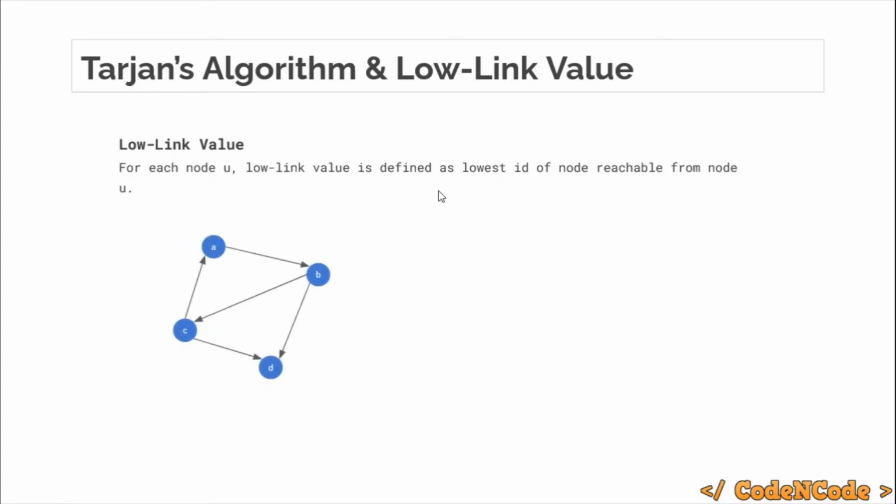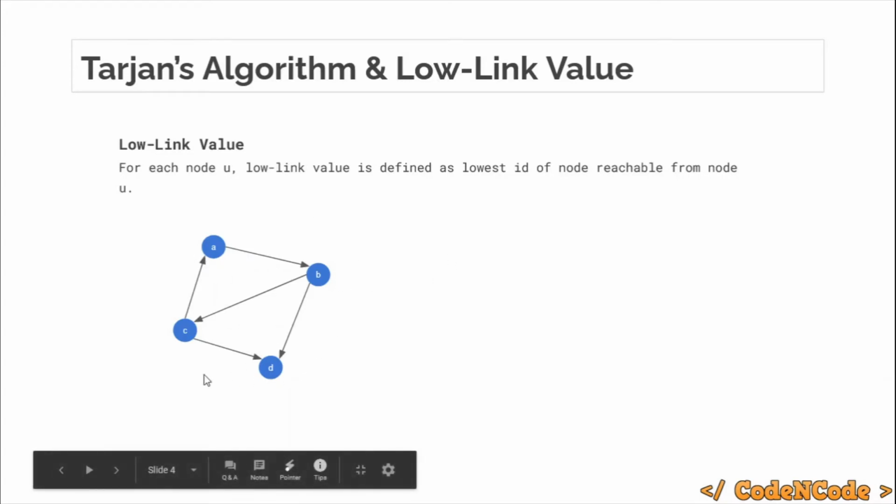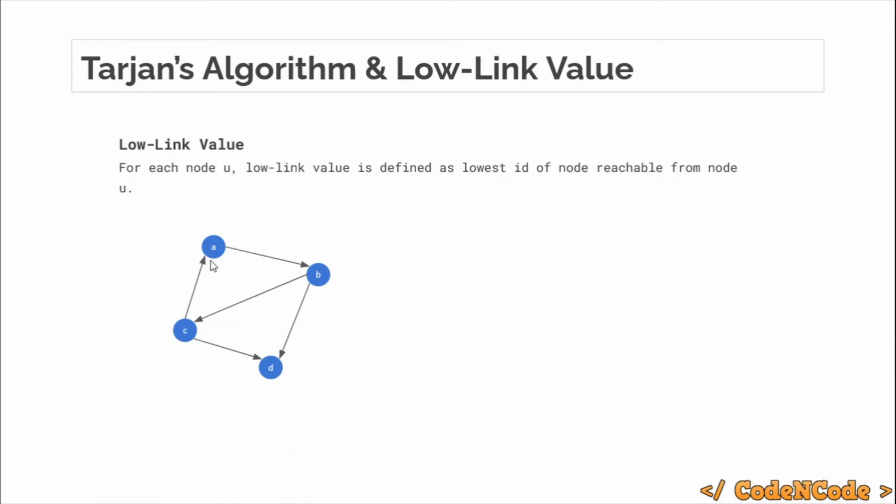Now let me explain by an example how you will calculate low link value, though it is exactly the same as what we have studied in the articulation point and bridges lecture. So suppose these are 4 nodes and this is your graph. A, B, C, D are the 4 nodes of the graph. I started DFS from node A. Since you arrive at node A at time 1, here you see a numerator and denominator.